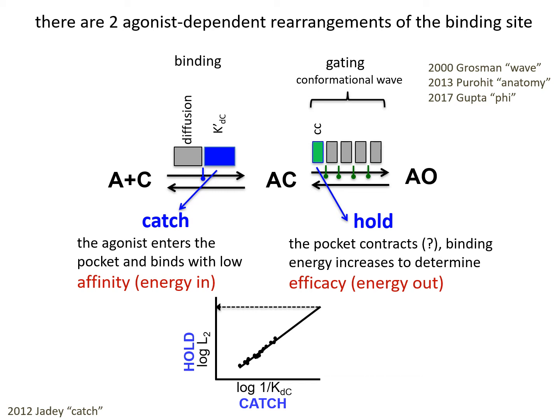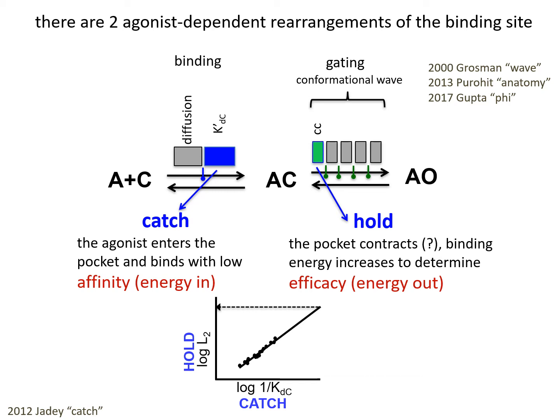different steps. But the data that I showed before in the last video lecture with the efficiency plot, which is a plot of log gating versus log low affinity binding on those axes, that correlation, which is efficiency, really reflects catch and hold.